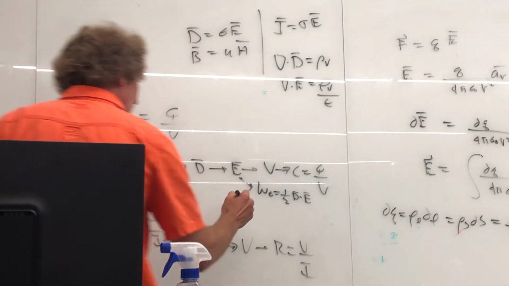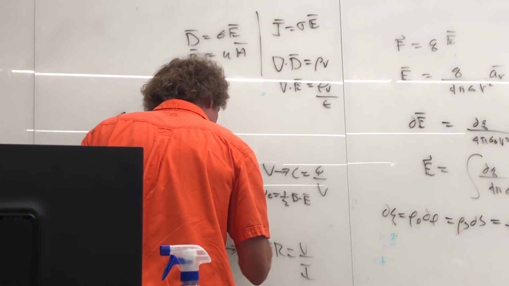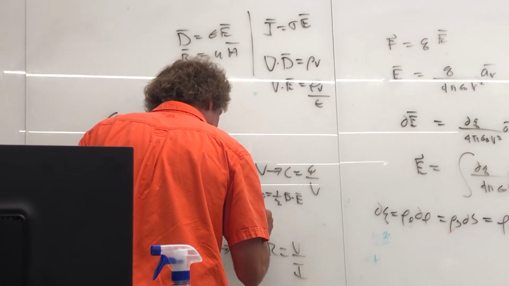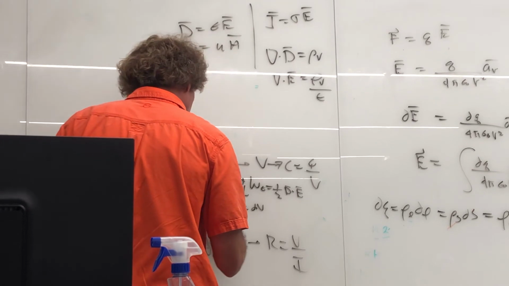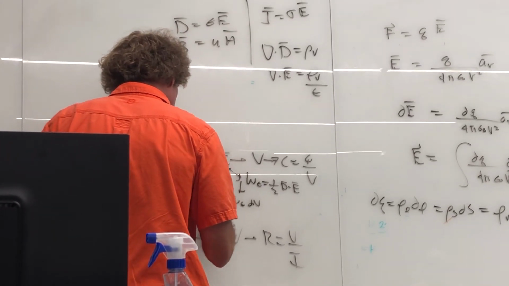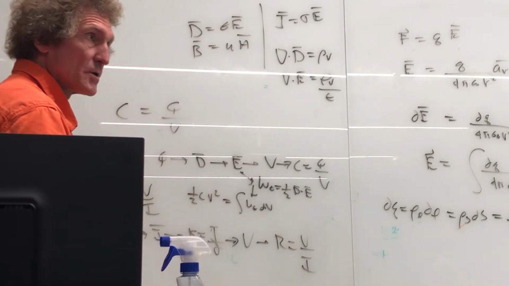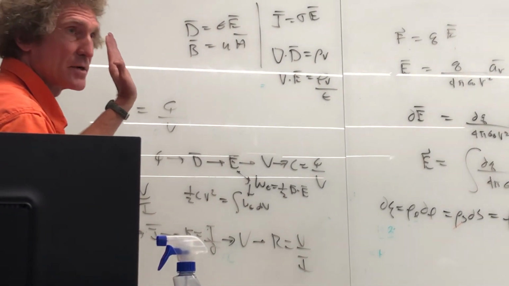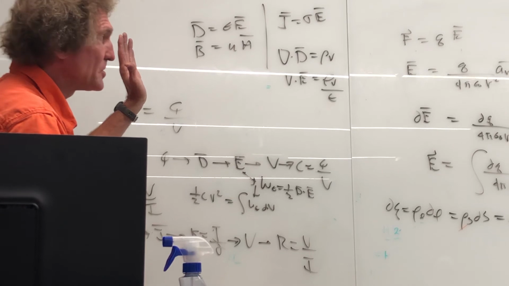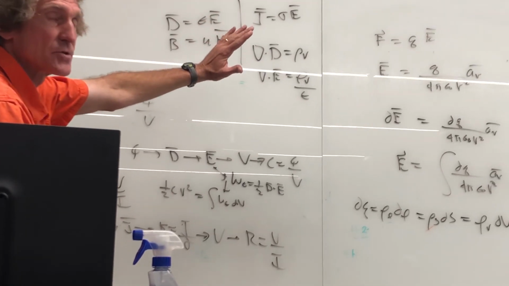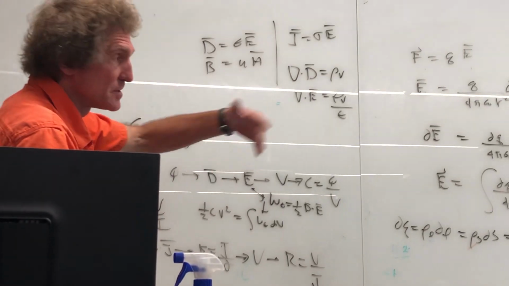And then you can integrate the electrostatic energy density over the volume and put that equal to 1/2 C V squared, and solve for C. With me, class? I'm trying to contrast the similarities. There's a huge amount of similarity in the way the equations are structured and the applications.